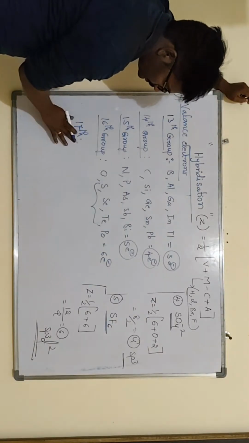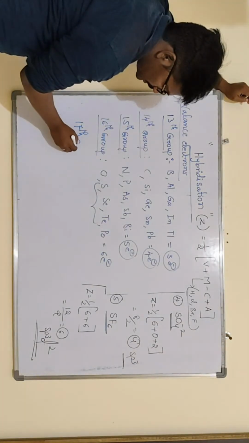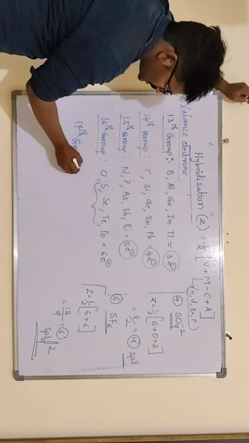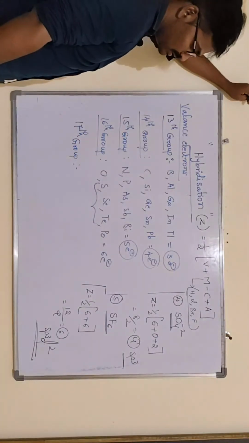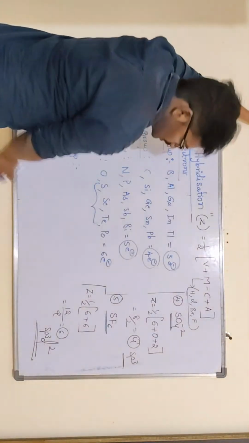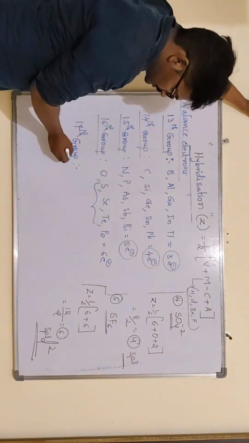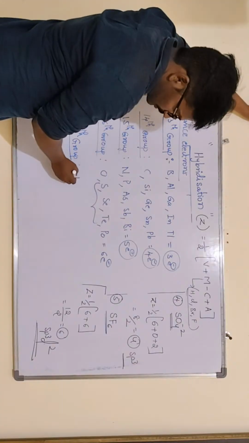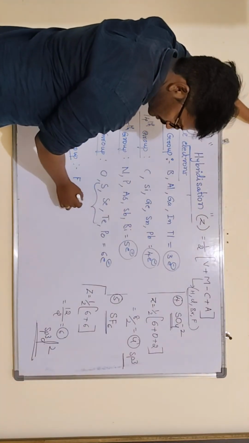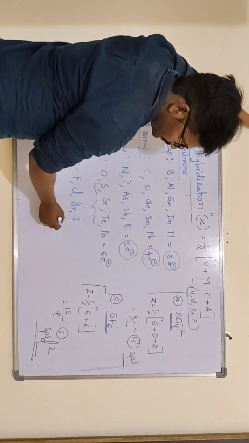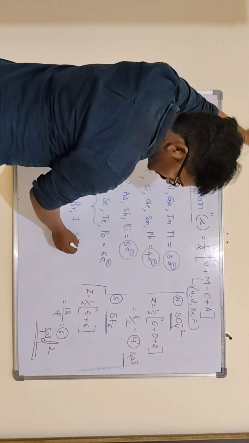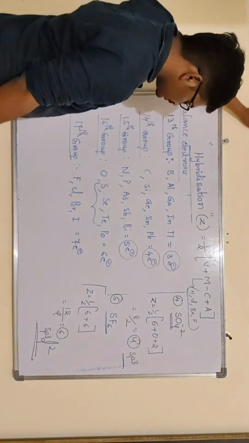Then 17th group elements. We know that 17th group elements are called halogens. Halo means salt, gens means producers, so elements that produce salt. They are fluorine, chlorine, bromine, iodine. Their valence electrons are 7.